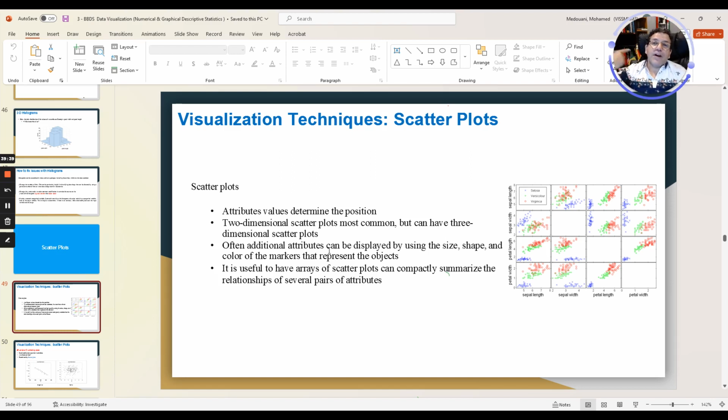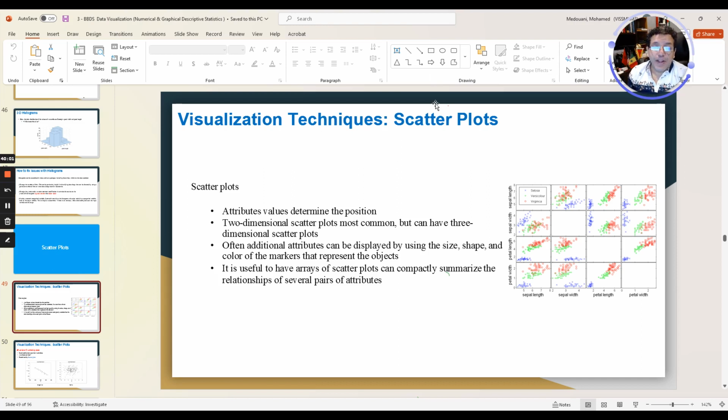So the number of rooms and the price are strongly correlated, and they are going in the same direction. In the first example, the price of the house and the age of the house are strongly correlated, but they are going the opposite direction.